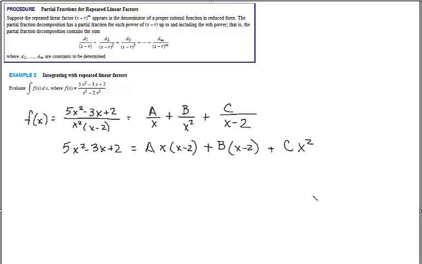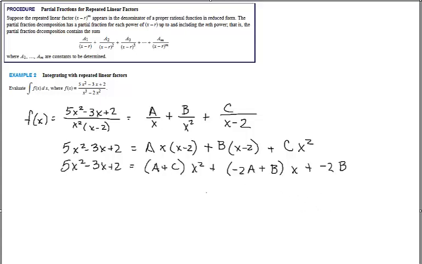Now what I'm going to do is collect coefficients of each of my powers of x. Alright, you will get for A, B, and C: 1 and 4. Sorry about that, that's a negative 1. Alright, now I'm going to integrate this.